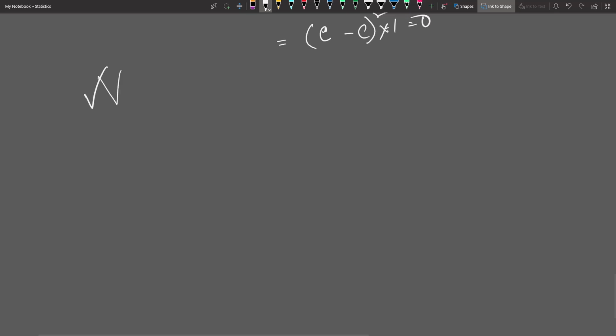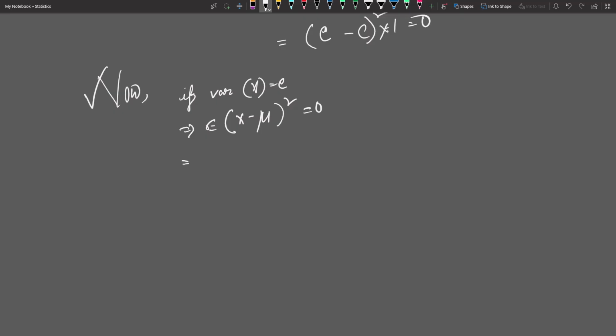Now variance of x is equal to expectation of (x minus mu) square, which is equal to 0, the summation with i running from 1 to infinity of (x_i minus mu) whole square times the probability.